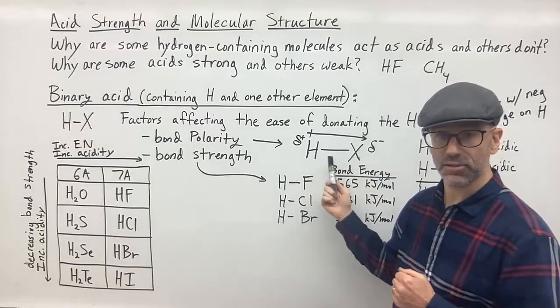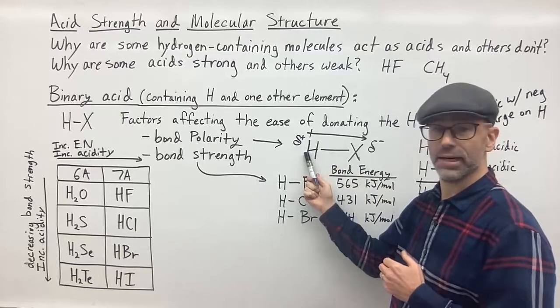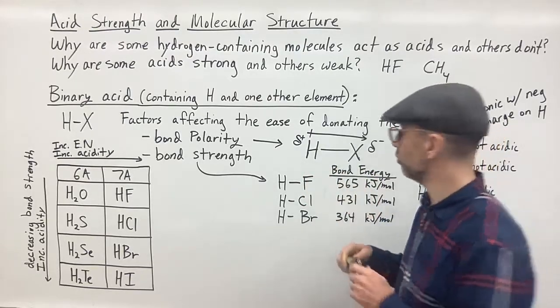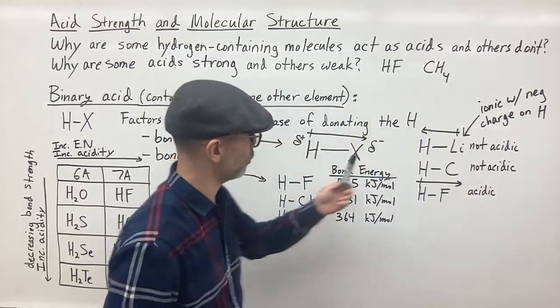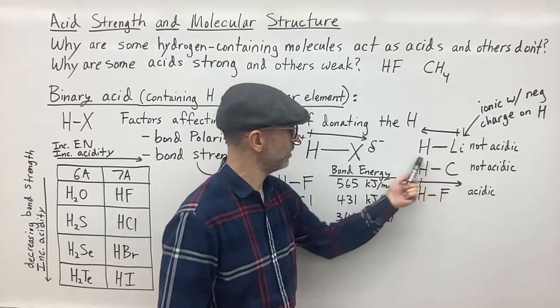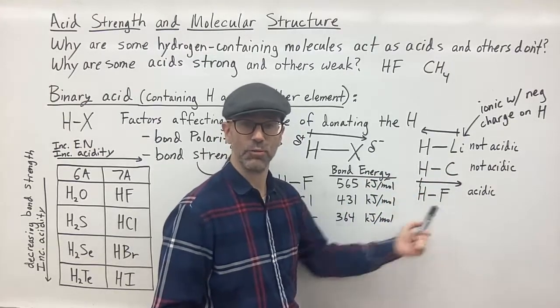That's going to be based on the difference in electronegativity between the hydrogen atom and the other element that it's bonded to. We can see here as an example, we have H and lithium, hydrogen and carbon, and hydrogen and fluorine.